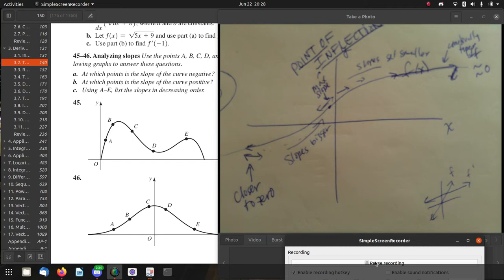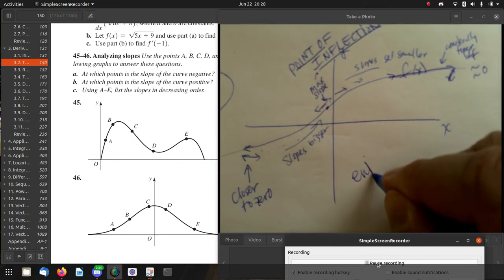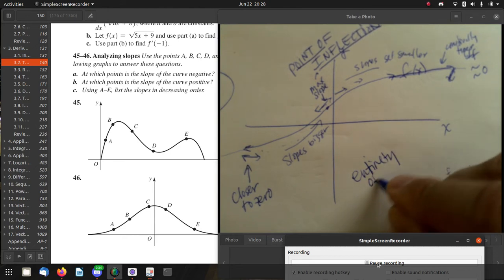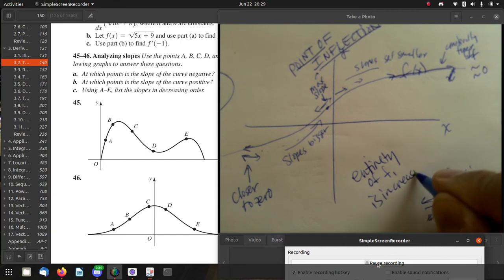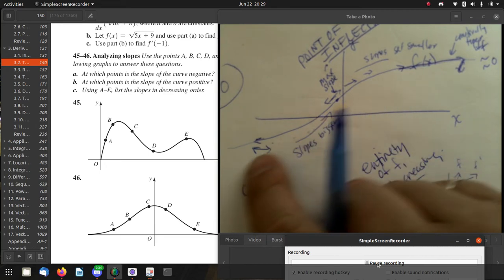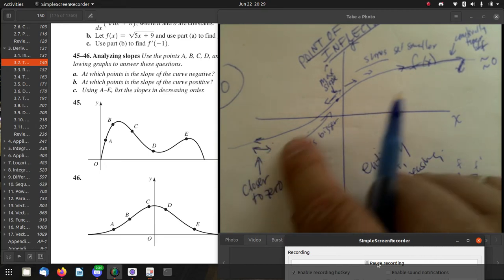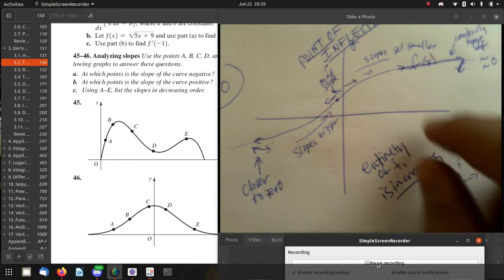And the next thing you want to notice is that the entirety of f is increasing. I don't mean the changes in the slope on f, which is what I was talking about here. Here the slope, or the derivative of f, goes from smaller to bigger, and here they go from the biggest down to smaller again.